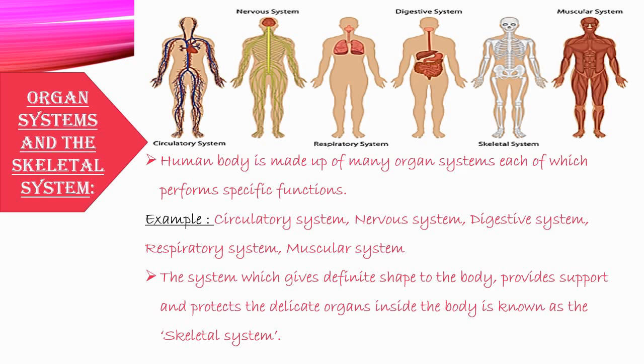The skeletal system is composed of bones of various shapes and sizes and the cartilage. Now students, what is cartilage? Cartilage is a tough but flexible tissue that is the main type of connective tissue in the body.